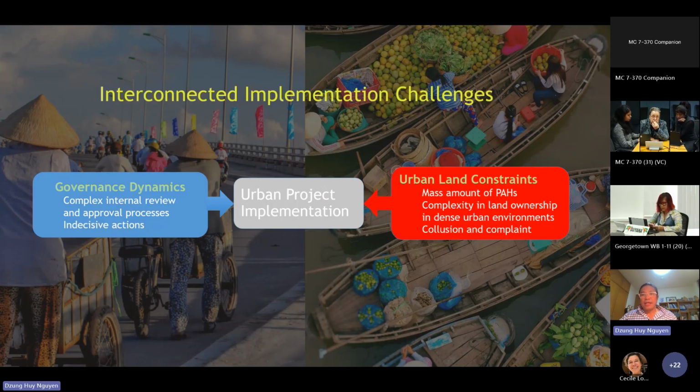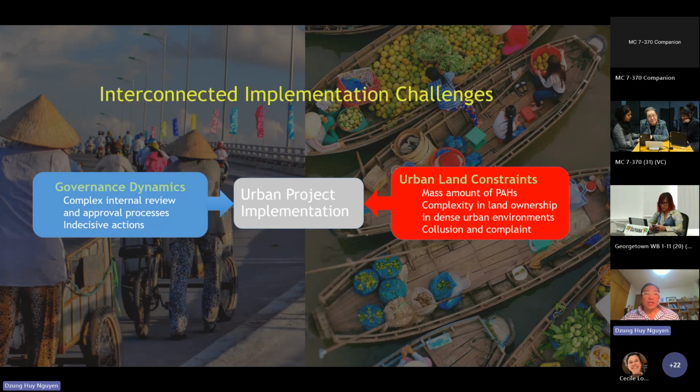The project also had a GRM system, and the project received more than 300 GRM cases over the implementation period, and the GIM system received a thousand cases. It is quite crazy.